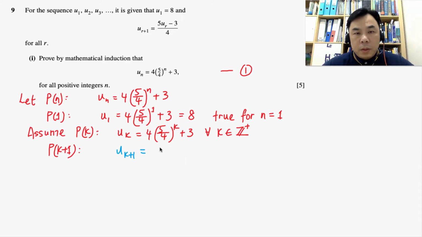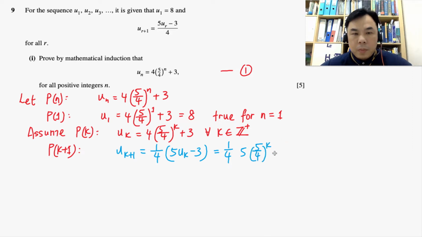So therefore it's better I just take 1/4 of 5 uk minus 3 here, and then making the assumption that uk is true, we can substitute this. That will be 1/4 of 5 times, and then that whole term is a uk term.